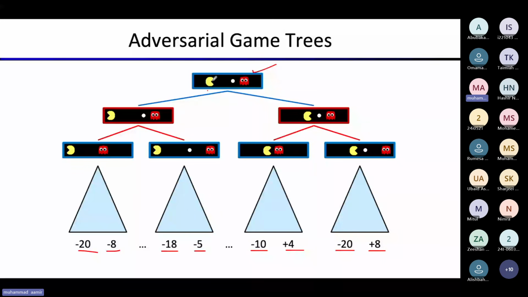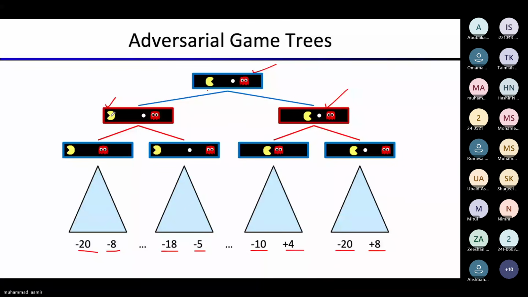How will we decide whether Pac-Man should move at this state or at this state? Out of these two states, one thing is very clear to us: in one way we are going towards the ghost and in the other way we are going opposite to the ghost. But another important thing is, in one way when we are moving towards the ghost there is a white dot, and when we are moving away from the ghost at this state, there is no white dot.